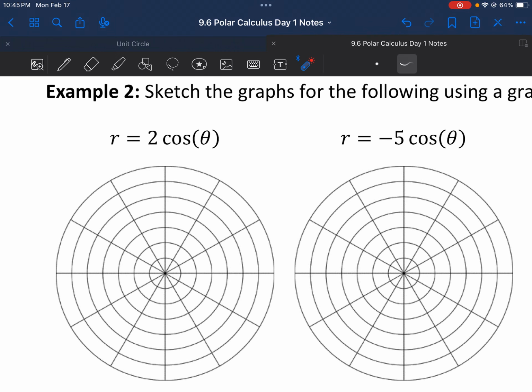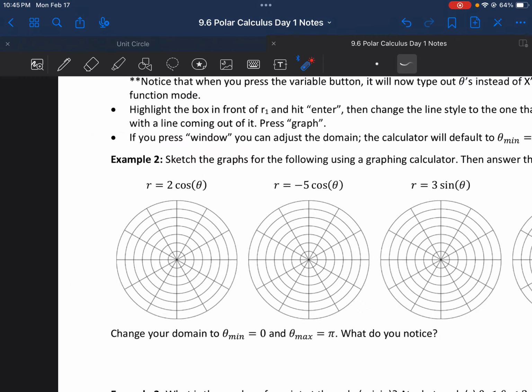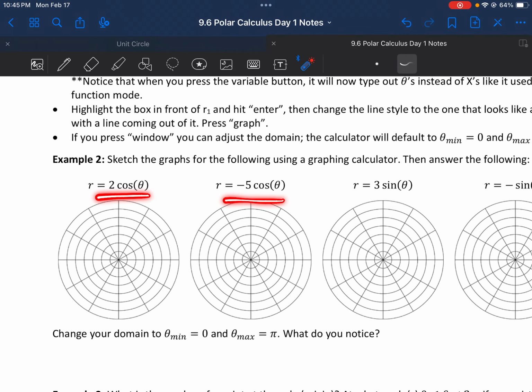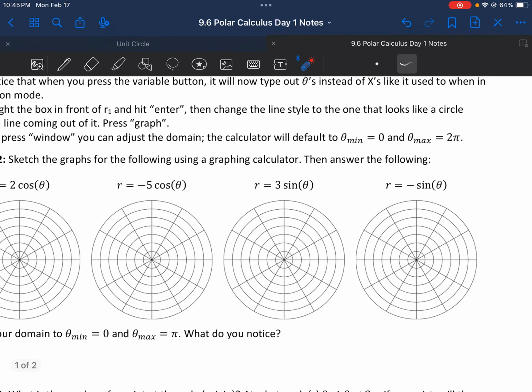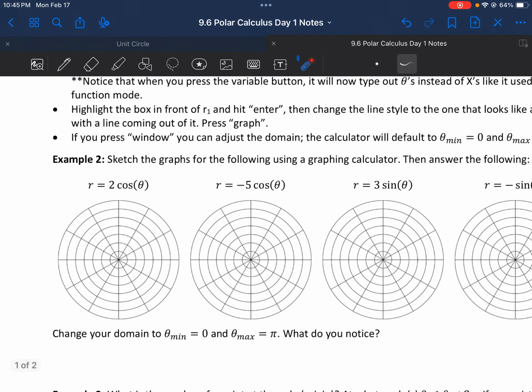So the first thing I notice here is that this is a cosine, okay? This is the format, by the way, all 4 of these are the format for a circle. These are all going to graph a circle on your polar coordinate plane.